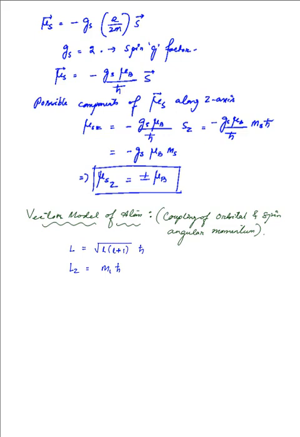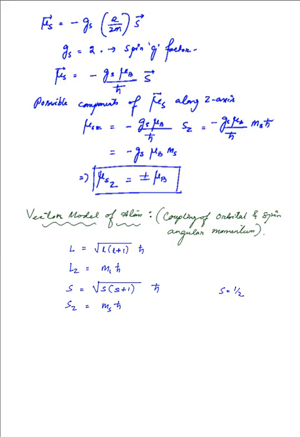For the spin angular momentum, the magnitude is square root of s times (s plus 1) h bar, where s is the spin quantum number, and its z component is ms h bar, where ms is the magnetic spin quantum number, which can only possess two values, plus and minus half, with s having the sole value half.